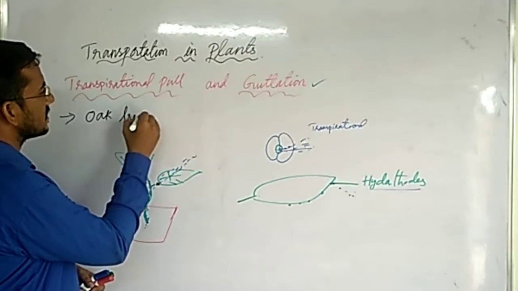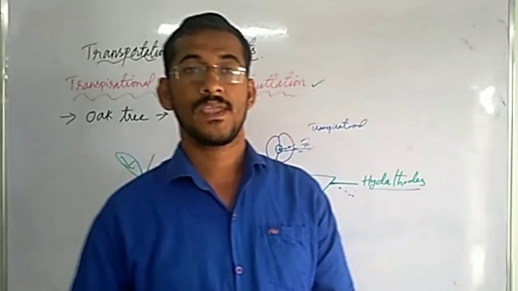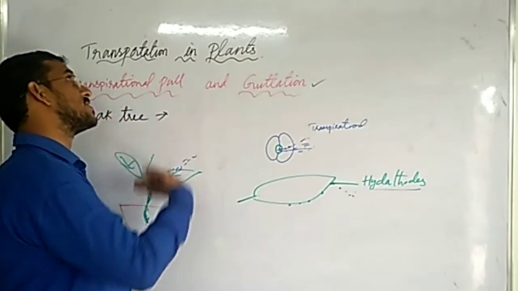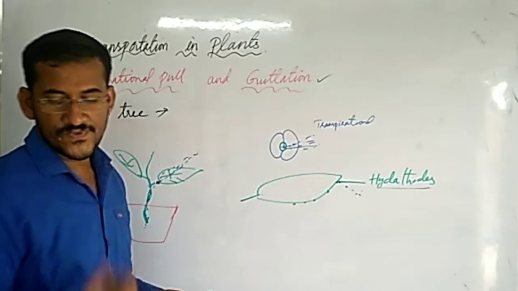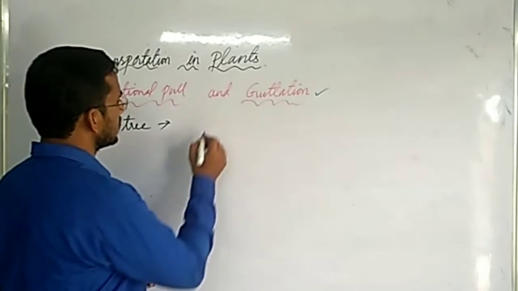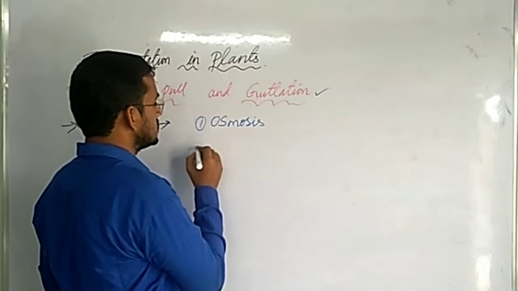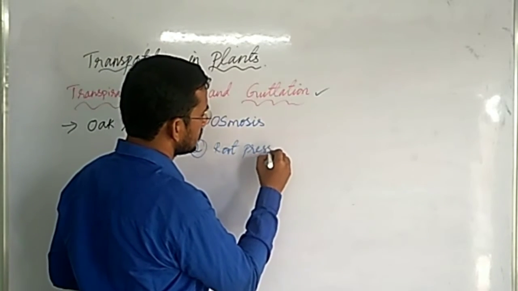An oak tree, its height is very big, and the water from the lower part goes up. How? Because of three factors. First one is osmosis. Second one is root pressure.